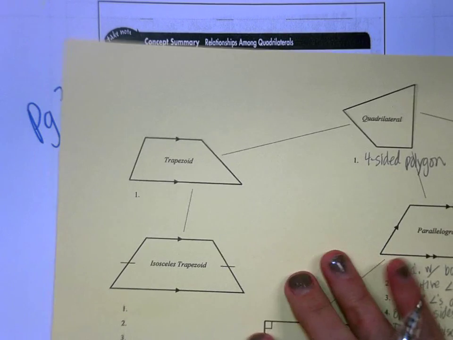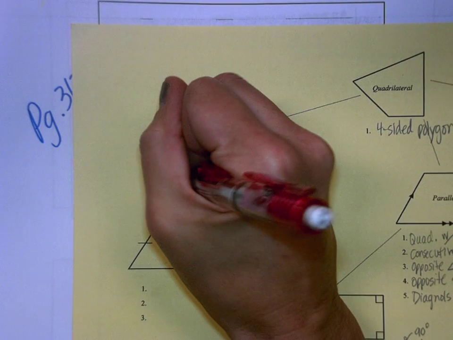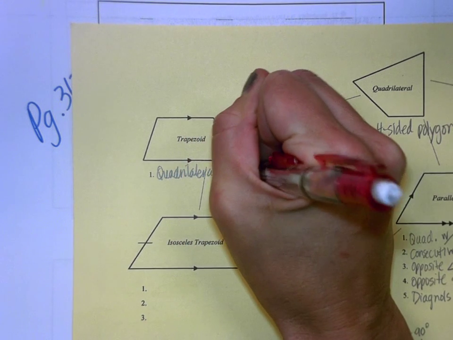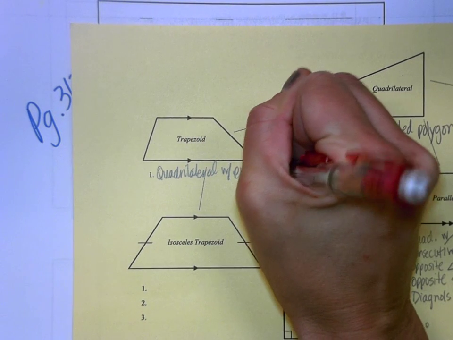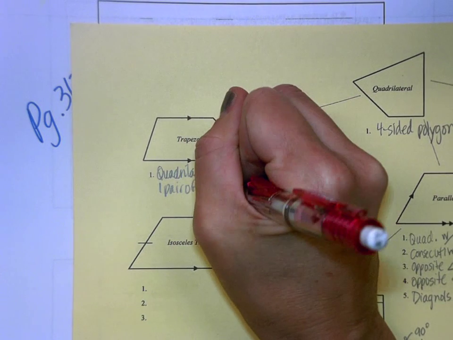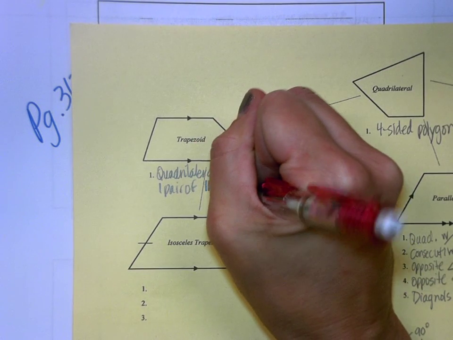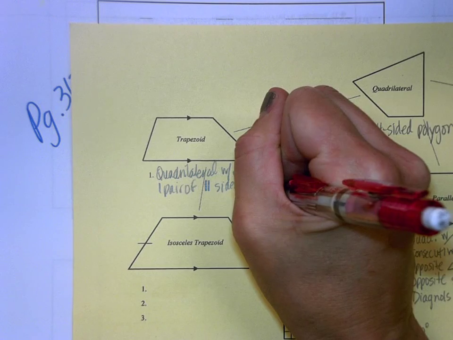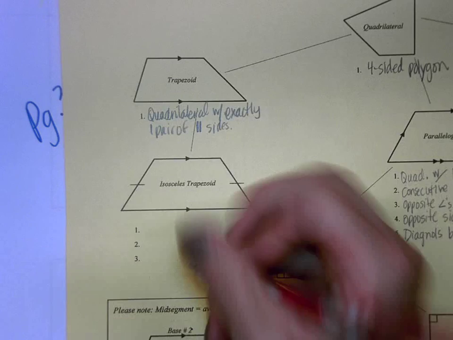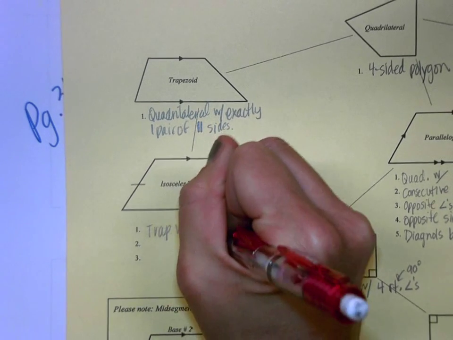The trapezoid over here is a quadrilateral with exactly 1 pair of parallel sides. I'm going to do my little mark there for parallel sides. The isosceles trapezoid is a trapezoid with congruent legs.